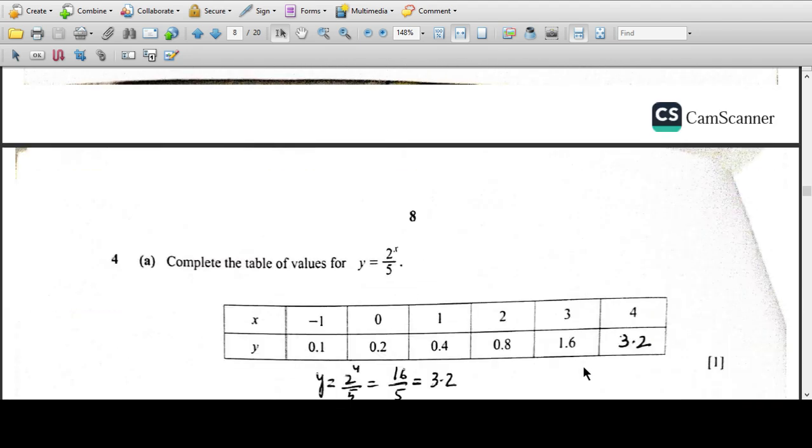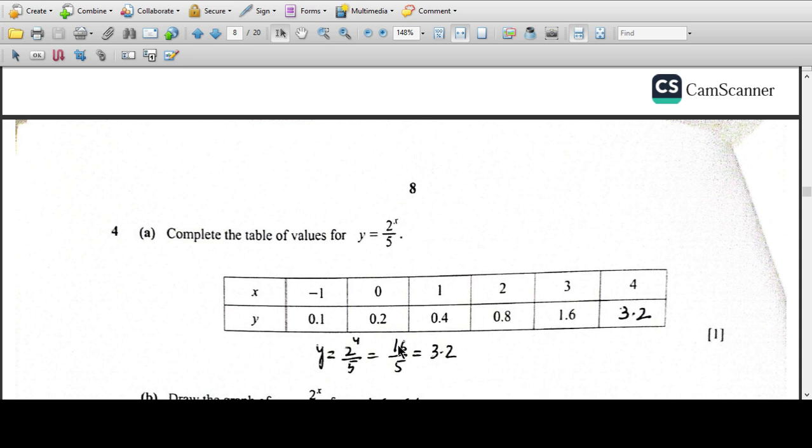Now question number 4. Complete the table of values. Y is equal to 2 power x divided by 5, and the values are given here. At minus 1, 2 power minus 1 becomes 1 over 2, which is 0.5, and divided by 5 it becomes 0.1. 2 power 0 is 1 divided by 5 is 0.2, and 2 power 1 is 2 upon 5, which is 0.4.